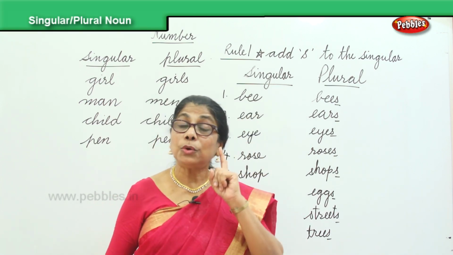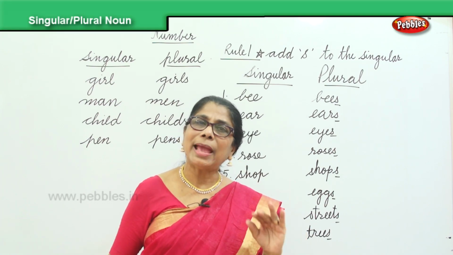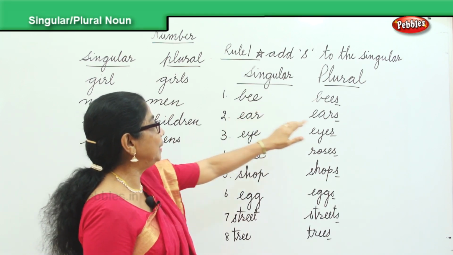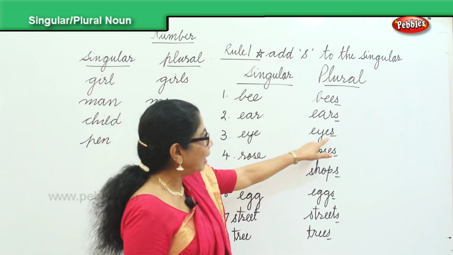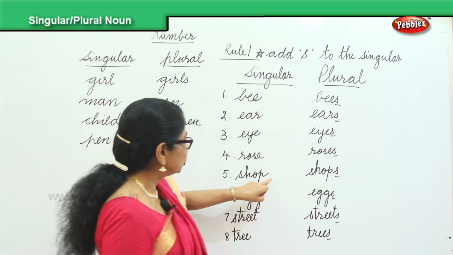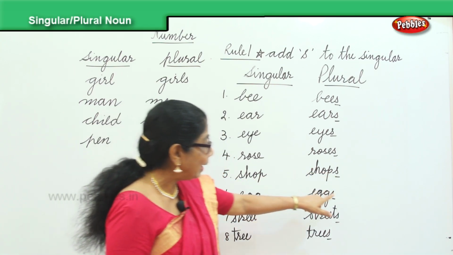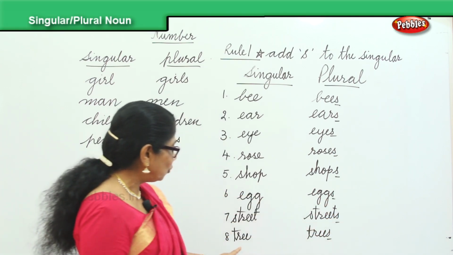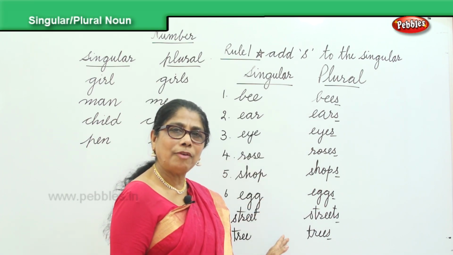Now, what is the rule number 1? To form the plural noun, we add s to the singular form. Bee, bees. Ear, ears. Eye, eyes. Rose, roses. Shop, shops. Egg, eggs. Street, streets. Tree, trees. Now look at all the plural formation.